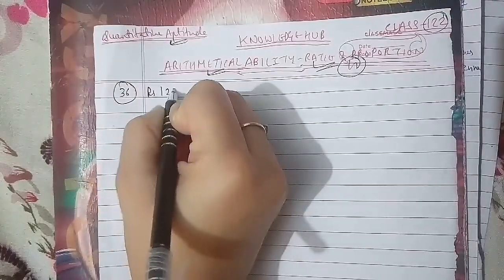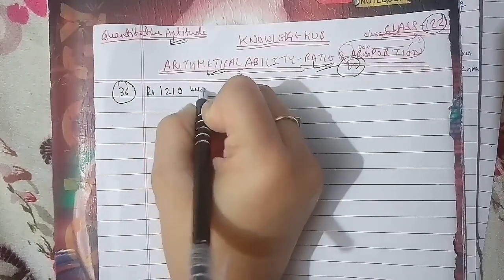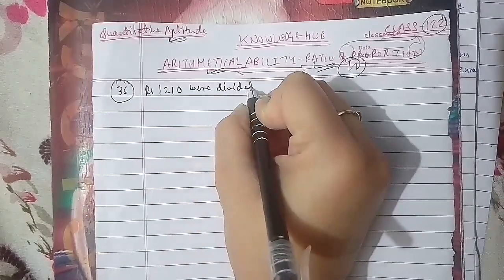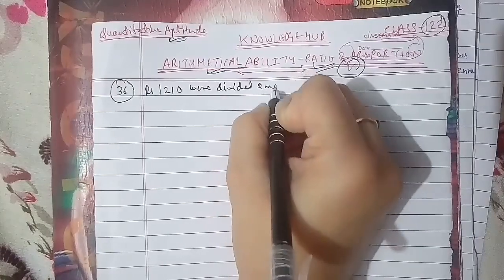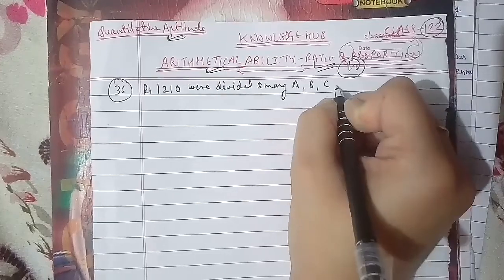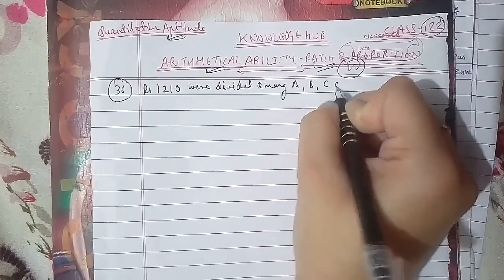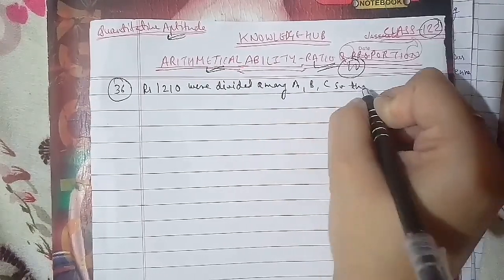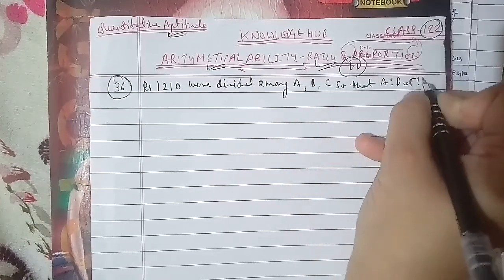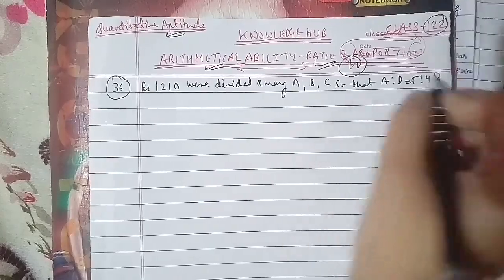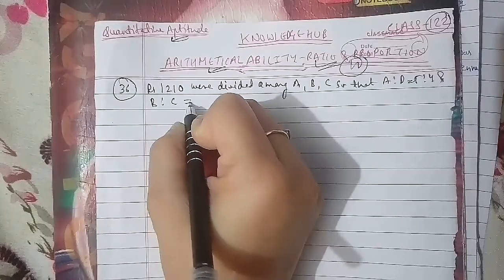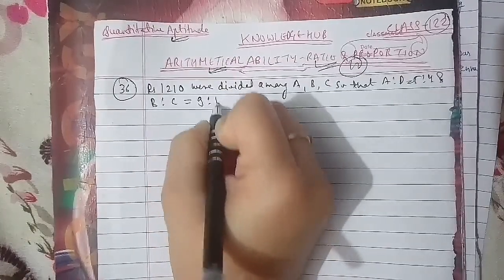Rupees 1210 were divided among A, B, C so that A ratio B equals 5 ratio 4 and B ratio C equals 9 ratio 10.